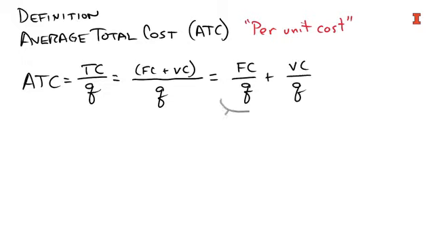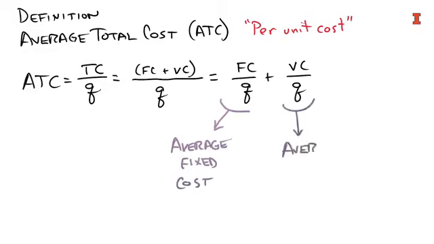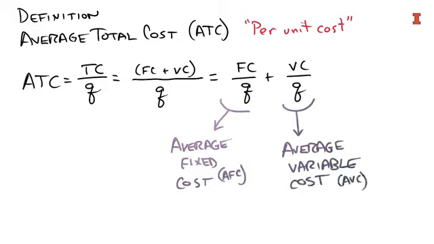And this term, we're going to relabel as average fixed cost. And this term, we're going to relabel as average variable cost, otherwise known as AFC or AVC. And I'll just rewrite these then as average total cost is equal to the sum of average fixed cost plus average variable cost.